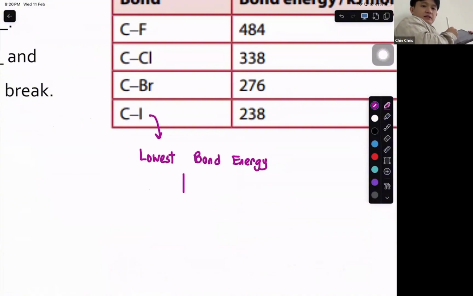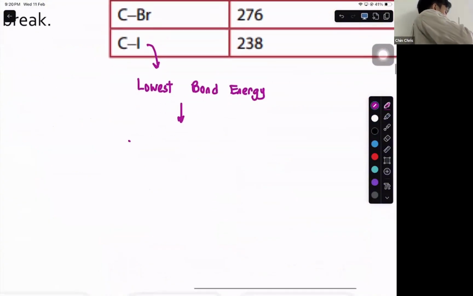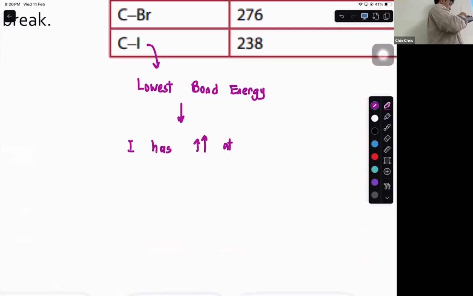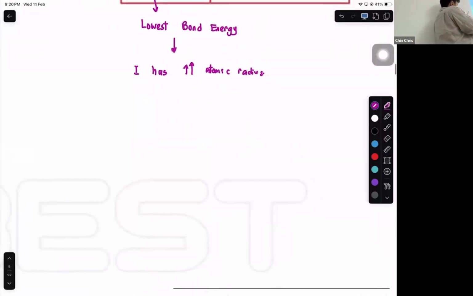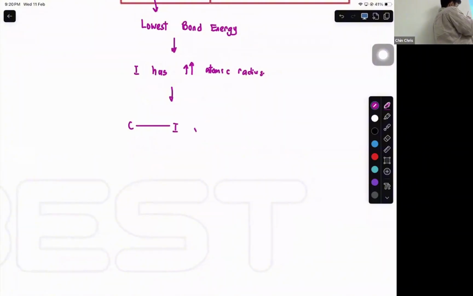One reason, I has the biggest atomic radius. When your atomic radius is big, your C-I bond is the longest, correct or not? Longest means biggest also.